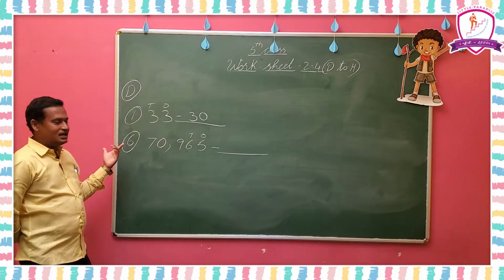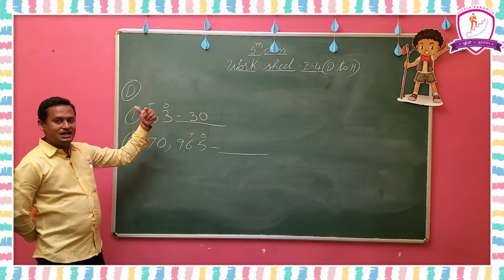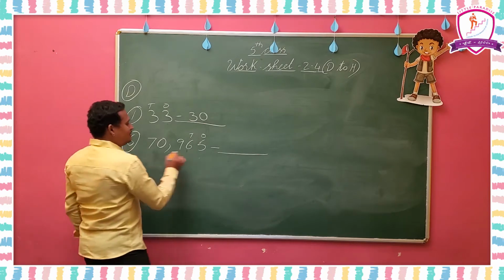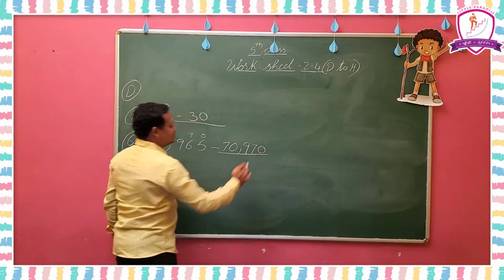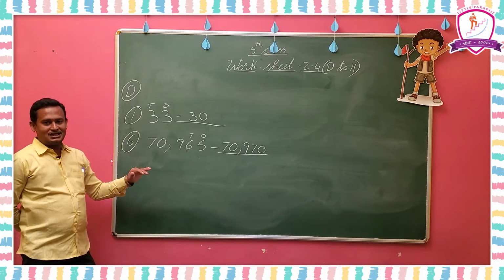There is no change in the remaining numbers, but the tens place 60 will become 70 and the ones place will become 0. Like that you have to write 70,970. Like that you have to round to the nearest tens.